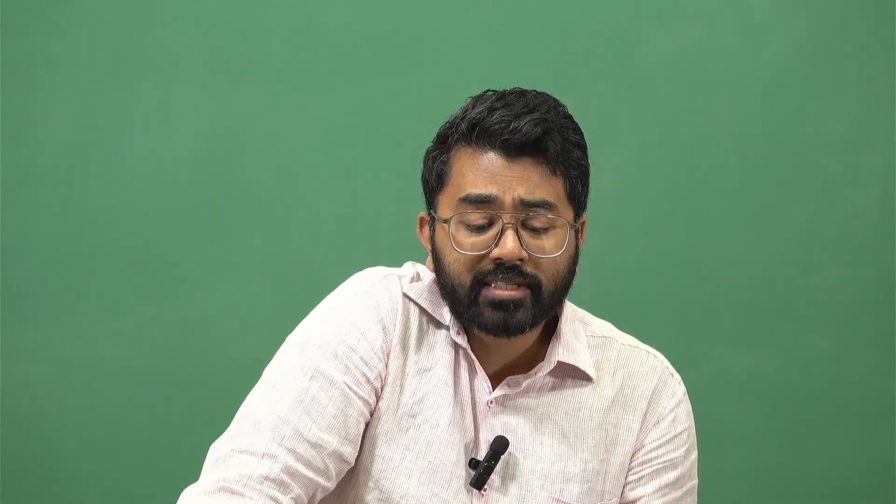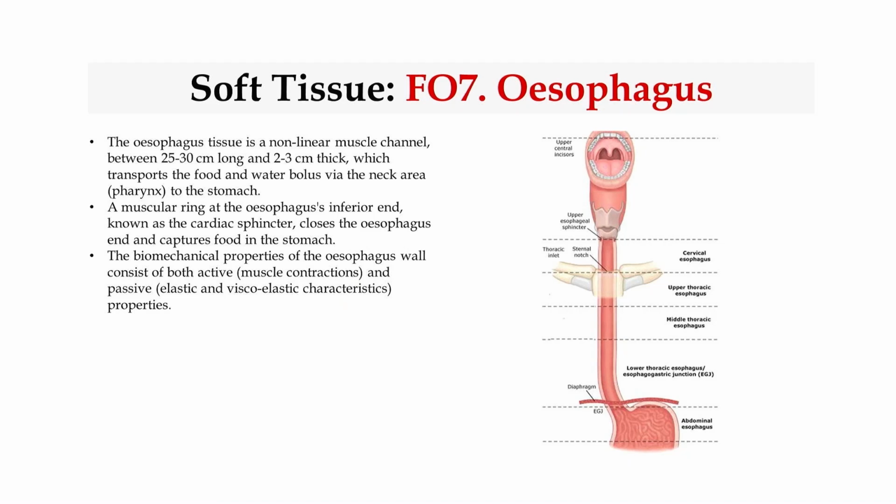You're looking at the thoracic inlet, where there is the sternal notch. This is specifically the area of the cervical esophagus, followed by the upper thoracic esophagus, middle thoracic esophagus, and finally going all the way to the lower thoracic esophagus, or the esophagogastric junction, or the EGJ.